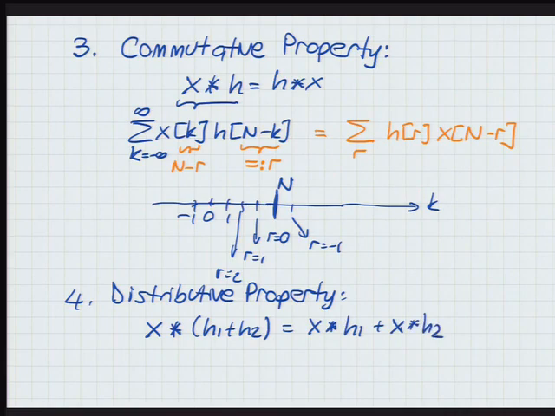Basically what's happening here is when you have h, which is the sum of h1 plus h2, because you are summing, you can split the summation into two separate sums. And each one corresponds to the individual convolution. Is that clear? Alright. And the fifth one, the last property we'll talk about, is the associative property. I'm not going to write the proof, although it's not a big deal, it's in the notes. Again, it's some change of variables to do the counting differently. Okay, so no big deal.